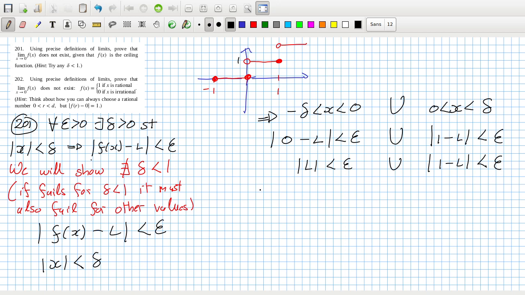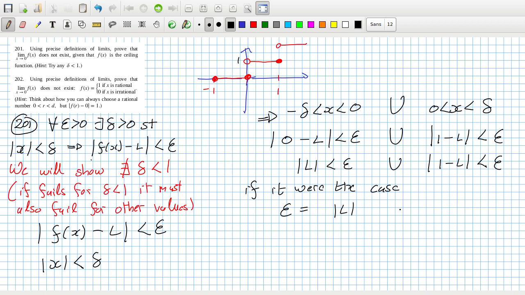If we choose epsilon to be equal to whatever you were claiming the limit was, then we are forbidden from having x be negative.